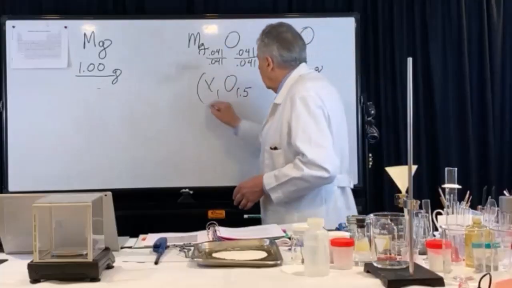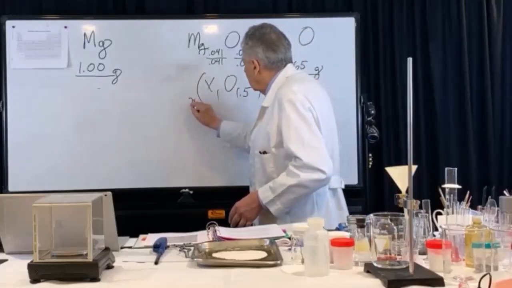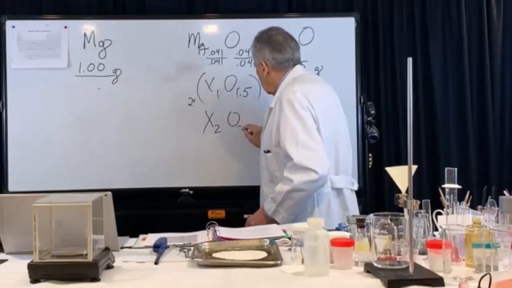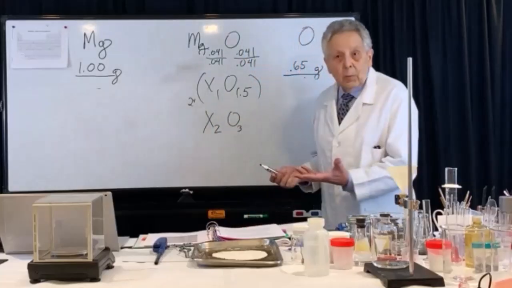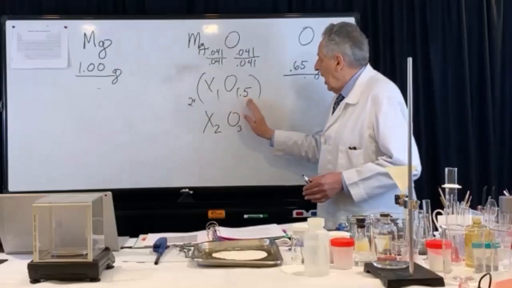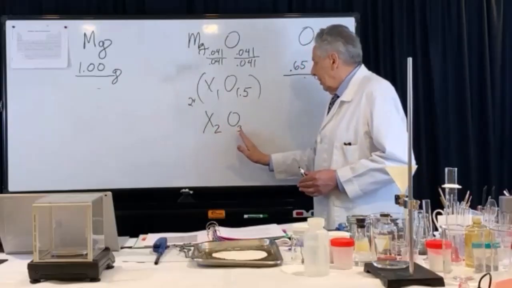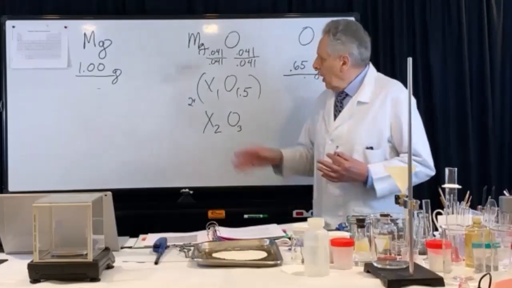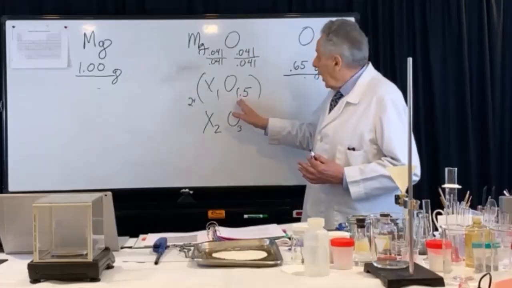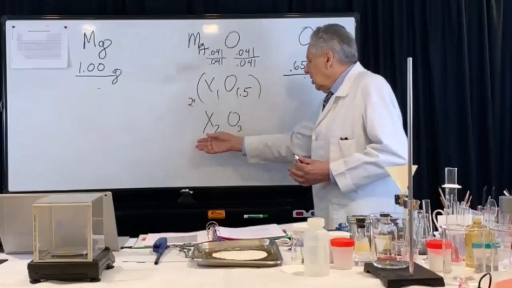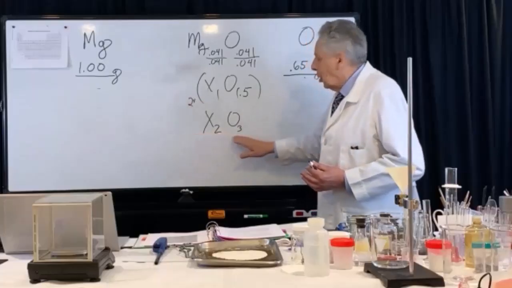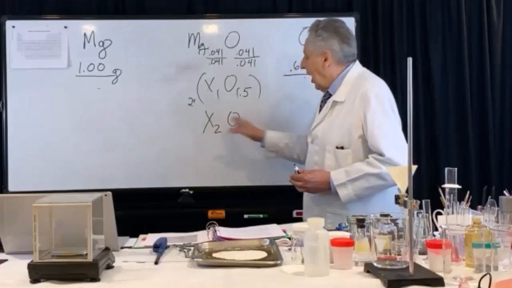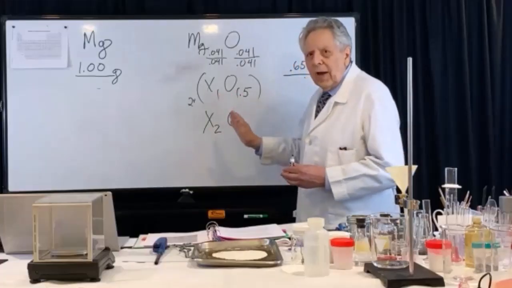If I multiply this by 2, I get X2O3. It's the same ratio. 1 to 1.5 is the same as 2 to 3. So should you get a problem that has a nice decimal like this, multiply to get whole numbers. Because it's much easier to write a formula X2O3, X oxide, than 1.5.